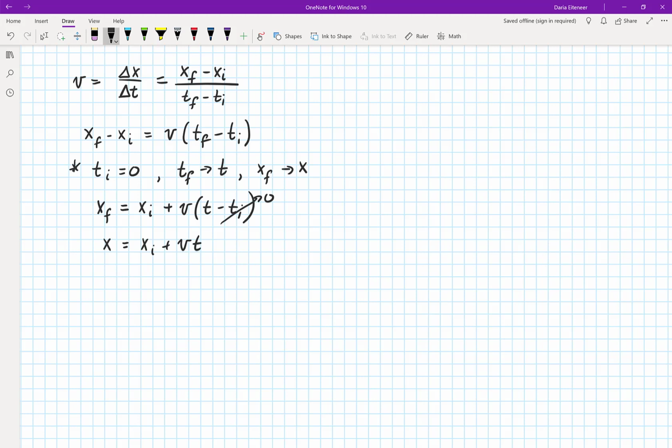Now the problem with this equation, and I'll box it too, is that this equation is only good for what's called uniform motion. So uniform, in this case, represents constant velocity.